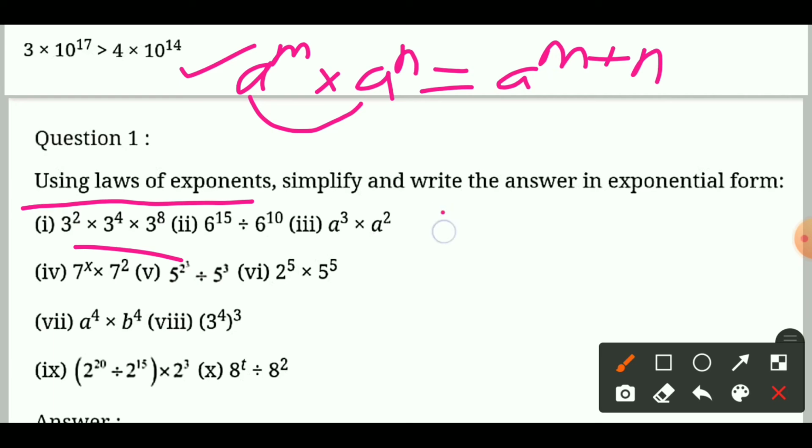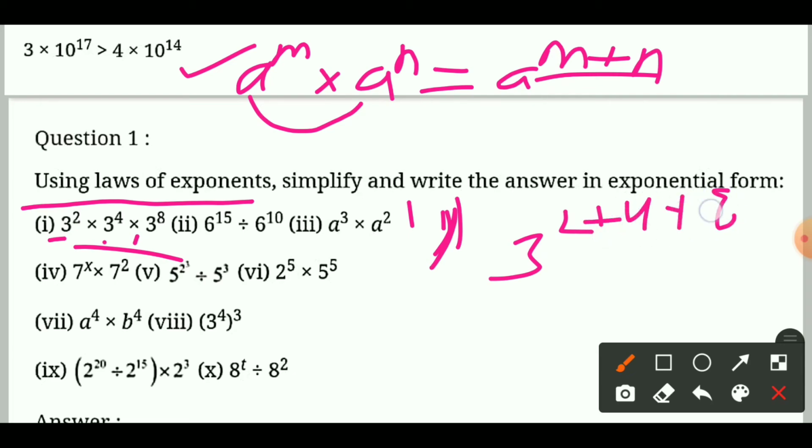Why so? You can see here we have the same base. The base is 3 in all the numbers. So 3 you write as it is. Then the powers are different in all these cases. So what do we do with the powers? Addition. So write 2 plus 4 plus 8. What is the answer? 6 and 8, 14.